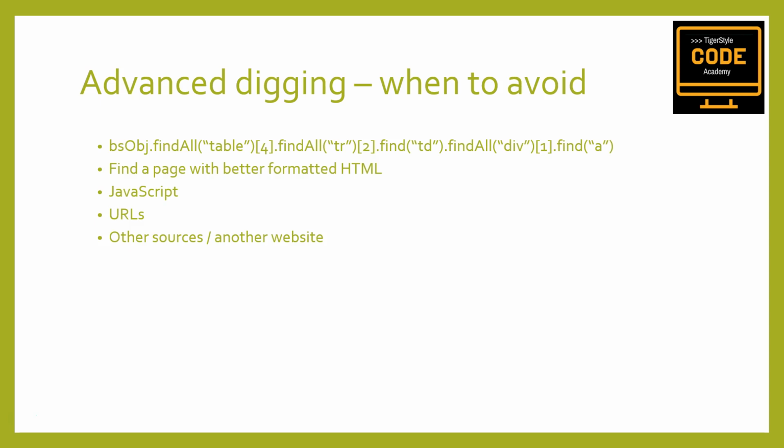In this first line, we're taking a BeautifulSoup object and traversing through a table, then the table row and the table data, and again a div tag, to find a link tag. That doesn't look so great. In addition to the aesthetics of the line, even the slightest change to the website by a site administrator might break your web scraper altogether.